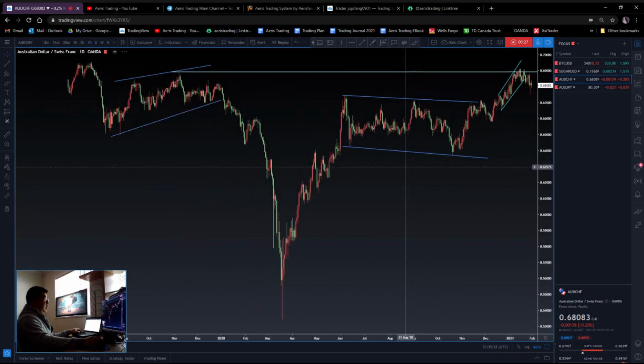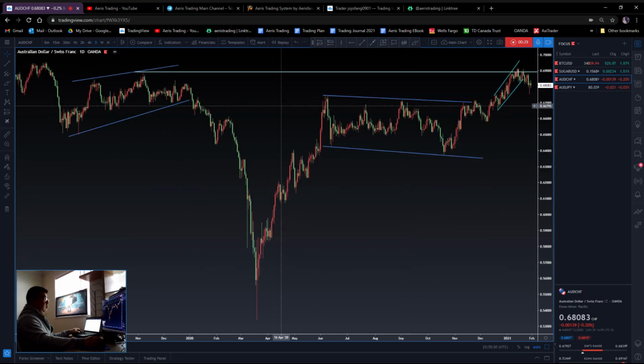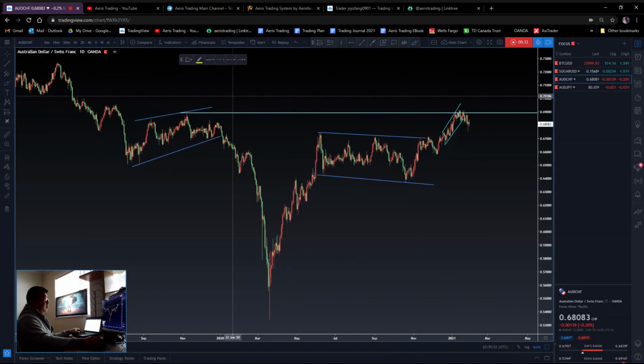So Aussie Swiss on the higher time frame, we talked about Aussie Swiss for a really long time, waiting for a proper good price action for a potential reversal. We know that we're at this potential double top area and price is moving up very correctly in this ascending channel. You can even see this on the higher time frame, so it gives you a good potential reversal, a good potential confluence.